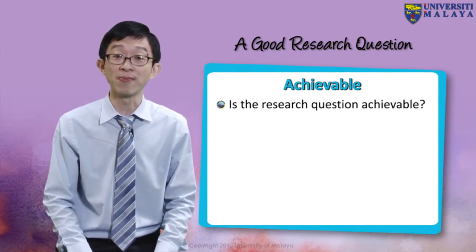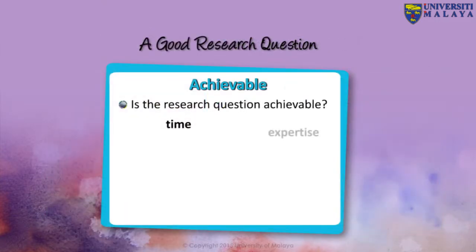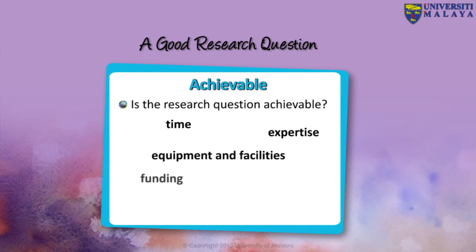Things to consider before embarking on a research project include time, expertise, equipment and facilities, funding, and ethical issues. It may be advisable for novice researchers to work with a team of experienced researchers for the first few research projects so that they can be guided through the research process.